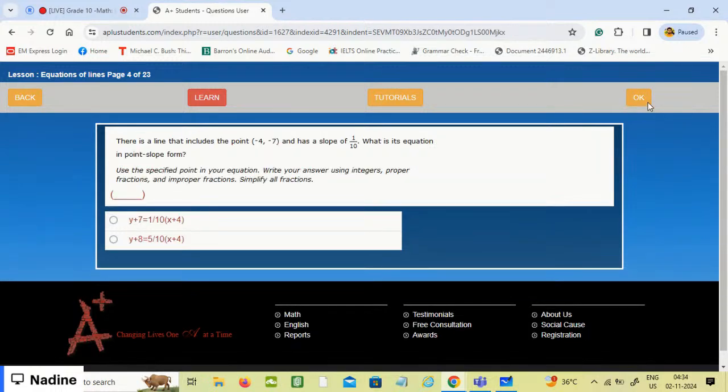There is a line that passes through the point negative 7, negative 4 and the slope of 1 by 10. What is its equation in slope intercept form? So which is the correct option?